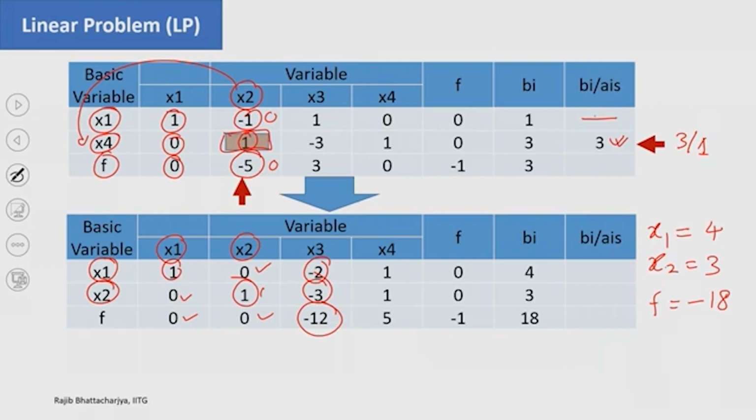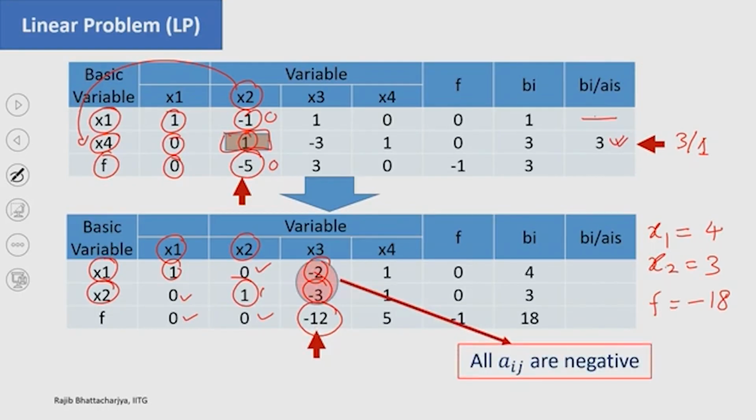So, that means if x 3 is entering, in that case x 1 can go up to infinity, and x 2 can also go up to infinity. So, this is a problem of unbounded solution. That means all the a i j are negative in this case.